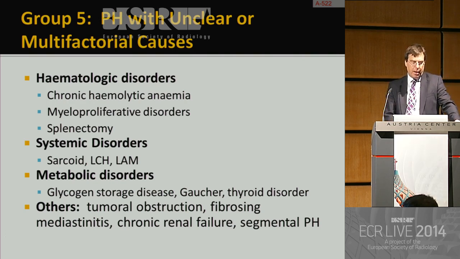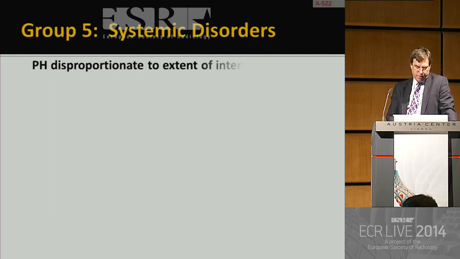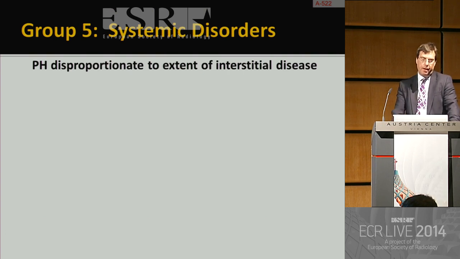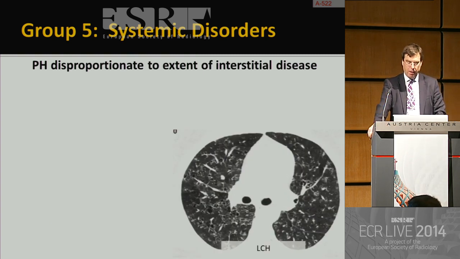I'm only going to talk about group 5 very briefly, really to highlight that there are systemic disorders which can result in disproportionately raised pulmonary arterial pressures in comparison to the severity of lung disease we see on imaging. Examples would include Langerhans cell histiocytosis, where we know you get Langerhans cell infiltration of the lung parenchyma.